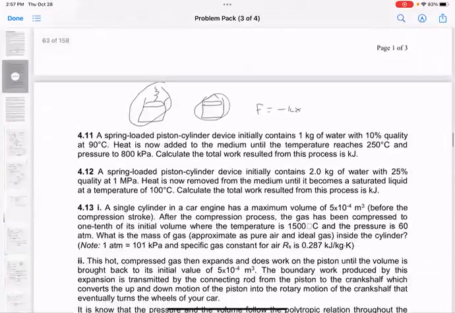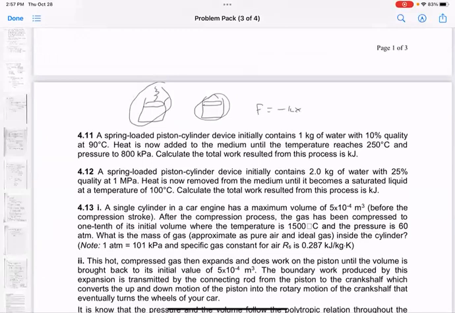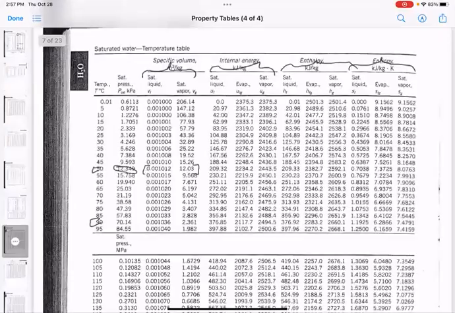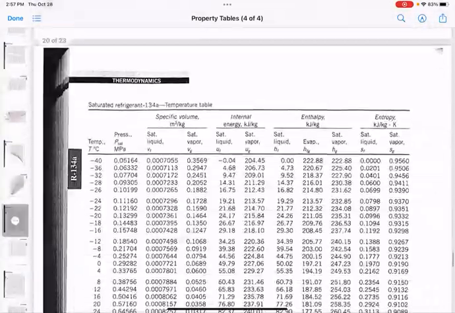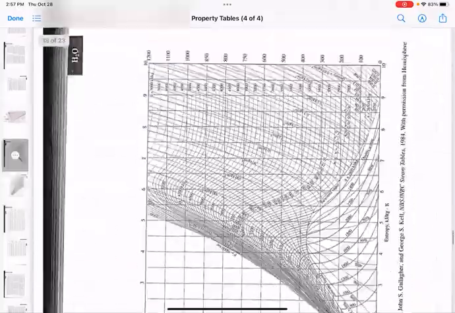If we go back to the question, yes, we're going to 250 Celsius and 800 kilopascals. So we can go straight to these tables and figure out what that is. I'm guessing it's a superheated vapor, but I don't really know. But let's guess superheated vapor and see if that gives us something that makes sense.